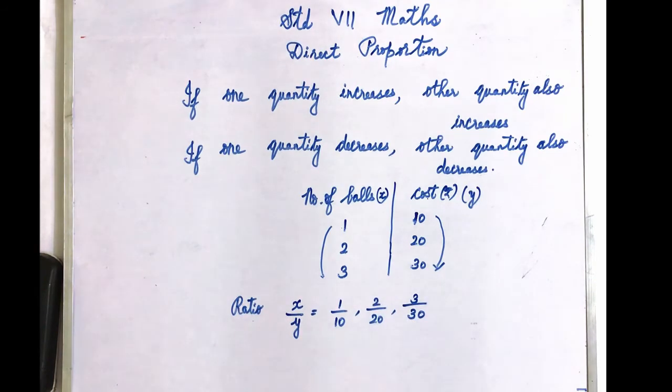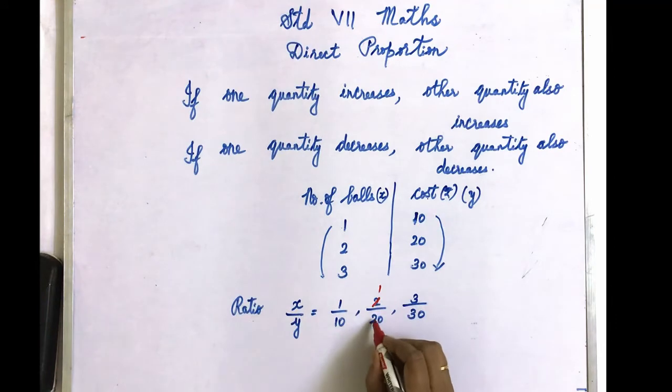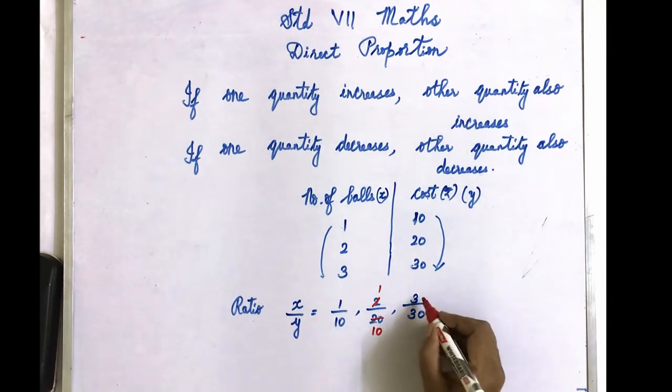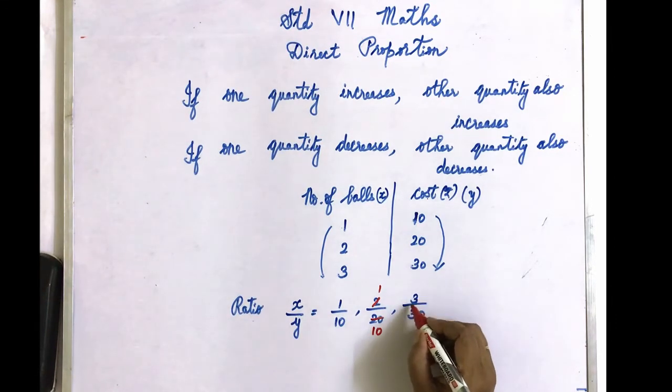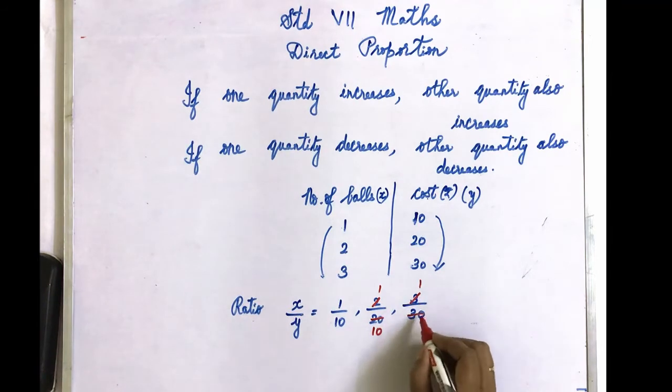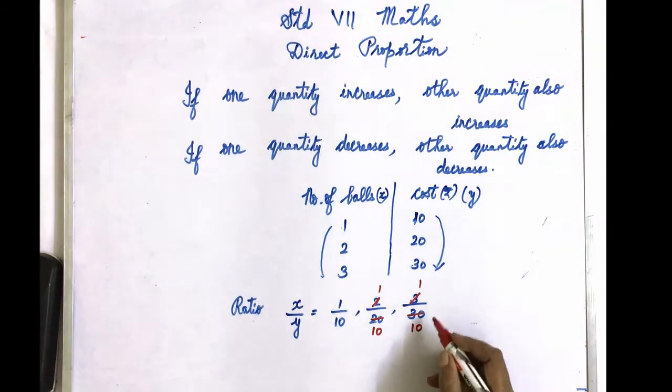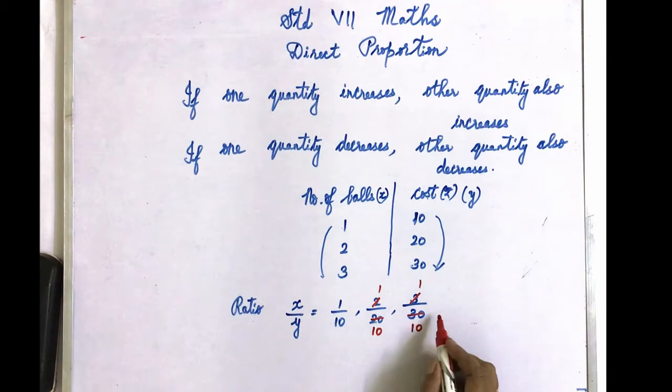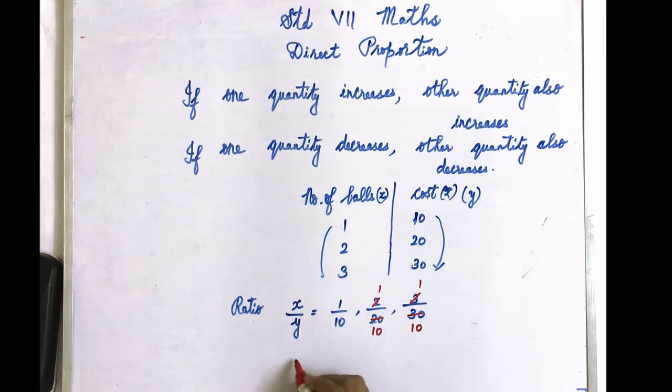So this becomes 1 2 is 2 and 10 2s are 20. And here we can cancel by the 3 table: 1 3 is 3, 10 3s are 30. So now all the numbers are the same. We are getting x by y is equal to 1 by 10.